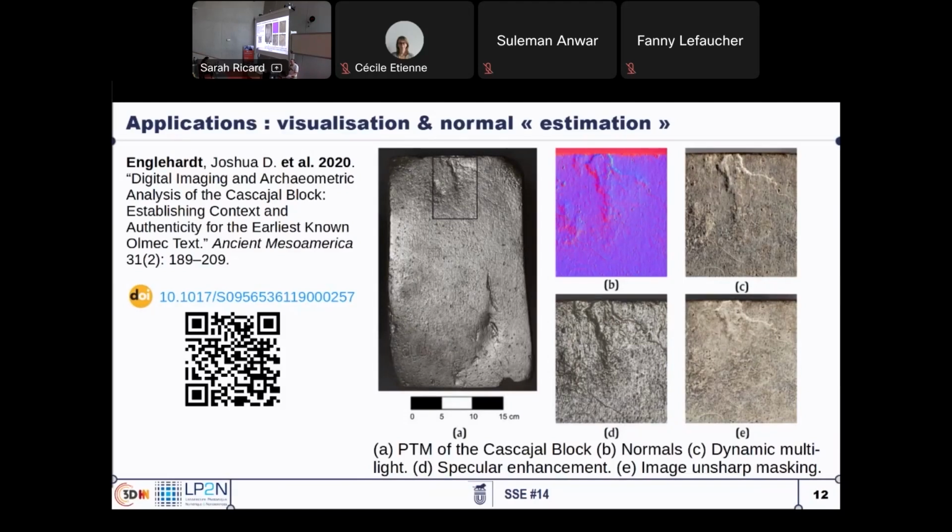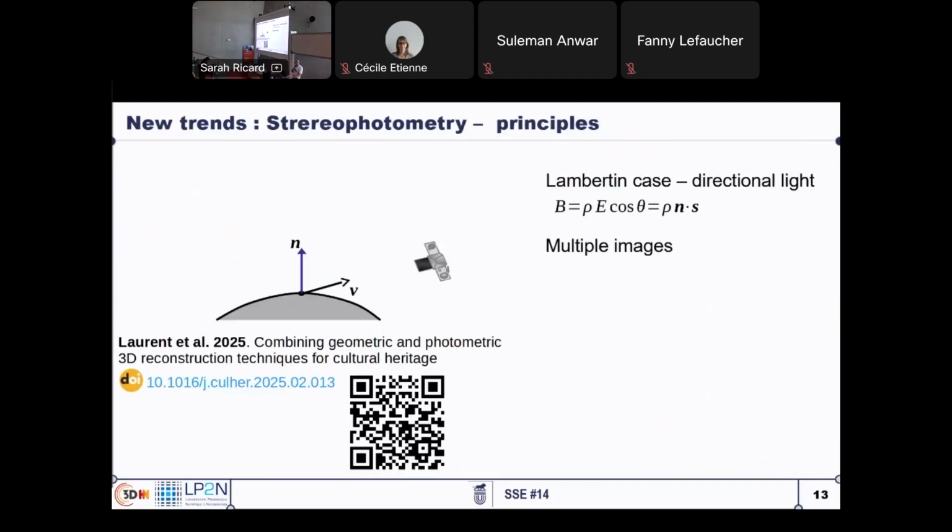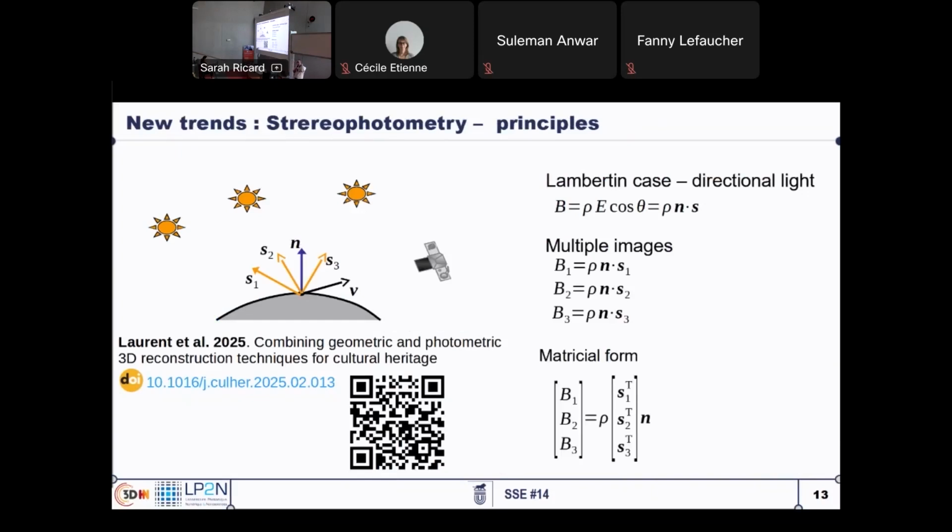Currently, there is a new trend for better normal estimation called photometric stereo, in which, with a well-calibrated procedure, about the same thing as the reflectance transform imaging, capturing what we see of an object with different light sources and assuming a diffuse albedo, we can try to recover the normal from these different lightings.